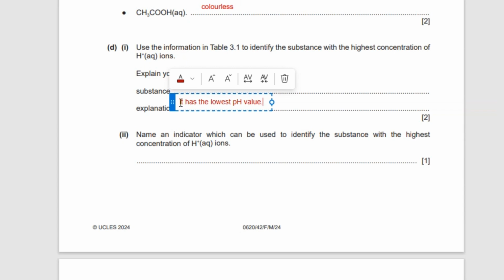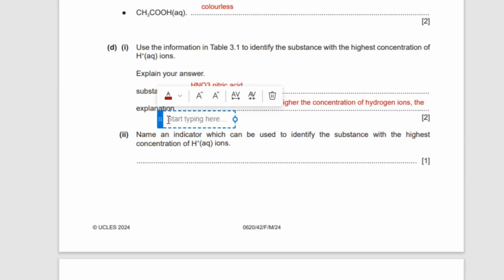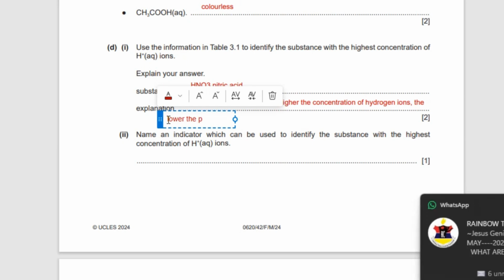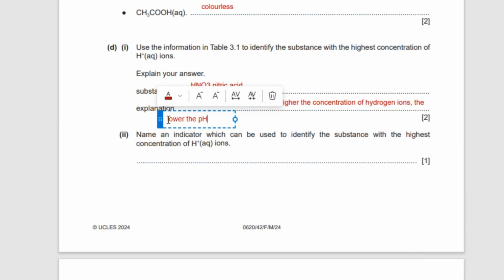By way of explanation for why we picked that, you generally know that the higher the concentration of hydrogen ions, the lower the pH value.